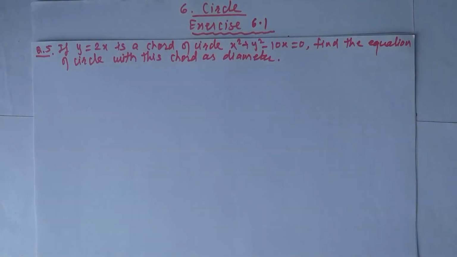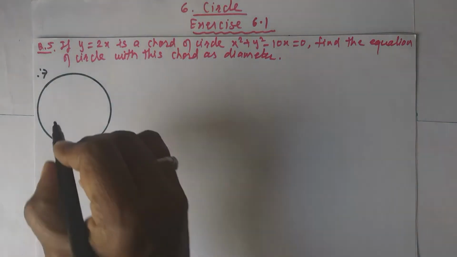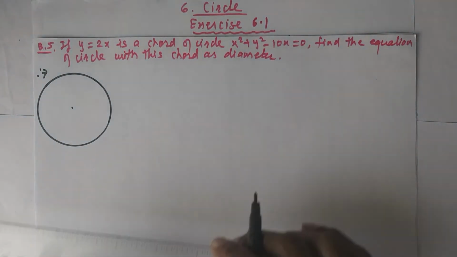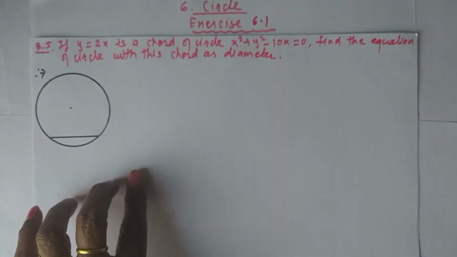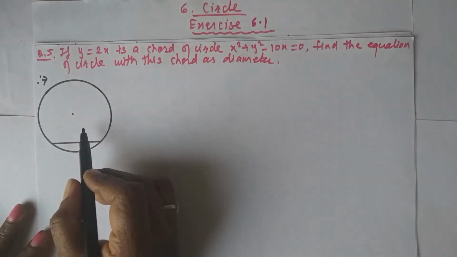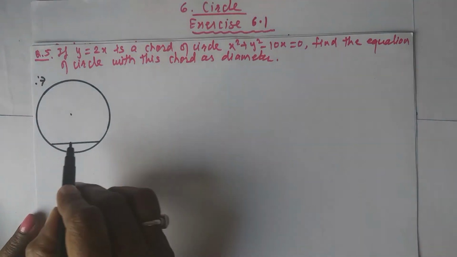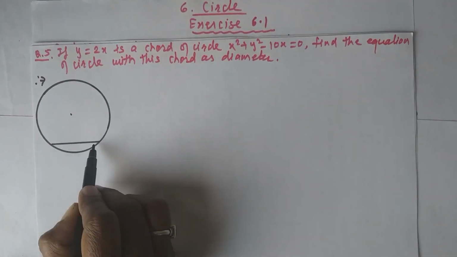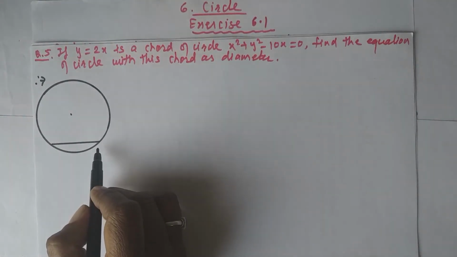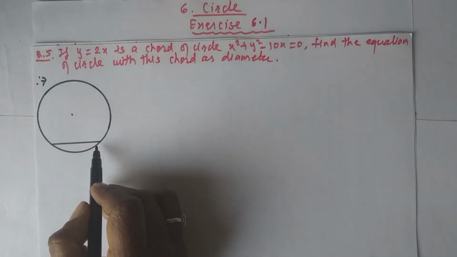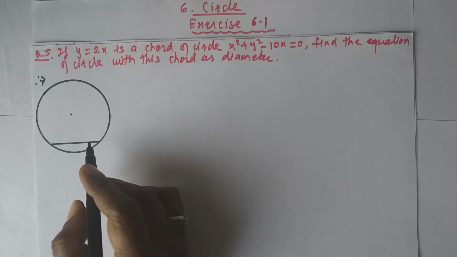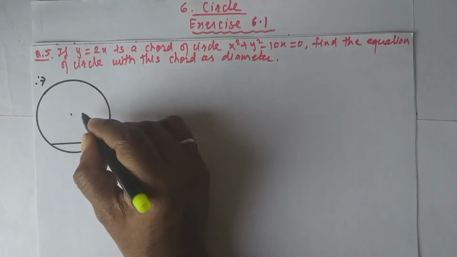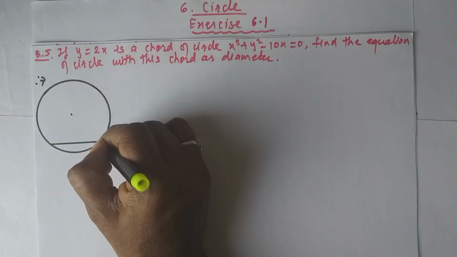Now we will draw here a rough diagram. Now suppose this is the given circle and we will draw its chord y is equal to 2x. Now we have to find the equation of the circle whose diameter is this chord. Means we have to draw here a second circle whose diameter is this much.